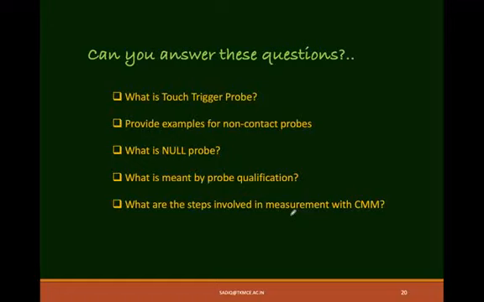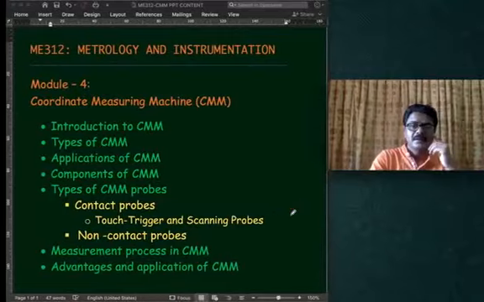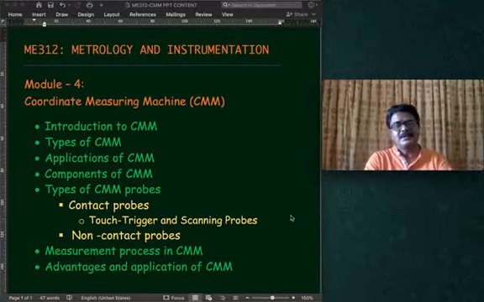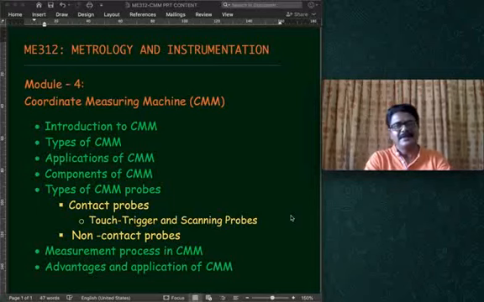What is meant by null probe? What is meant by probe qualification? What are the steps involved in measurement with CMM? If you are able to answer these questions, well, we can go ahead. Otherwise, please go back and verify and learn it and come back. Let us proceed after that.